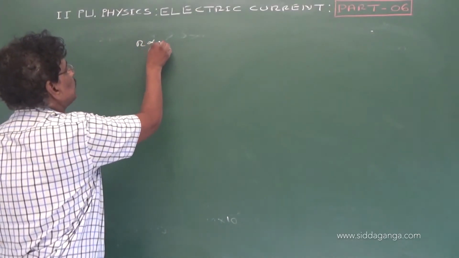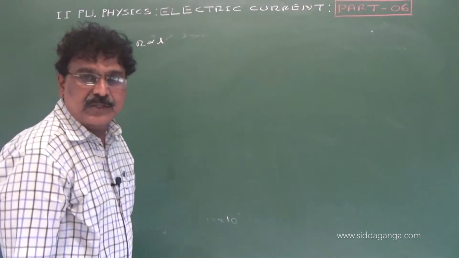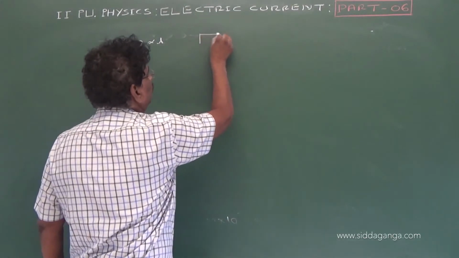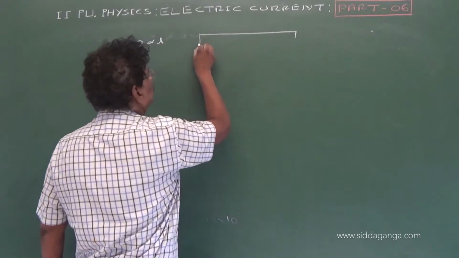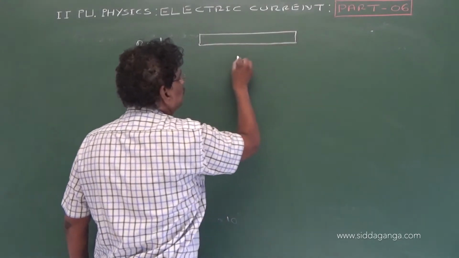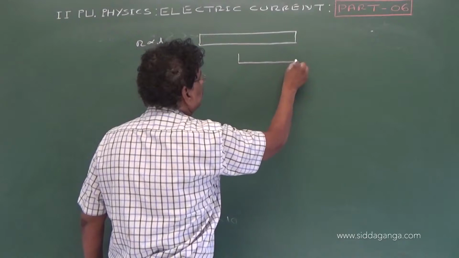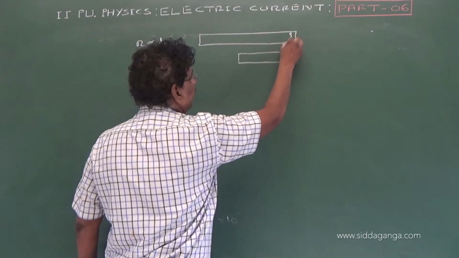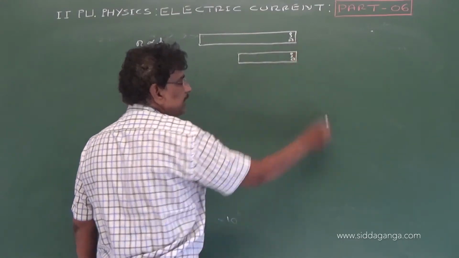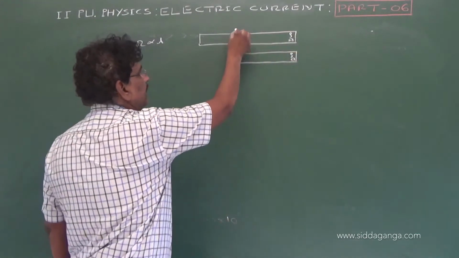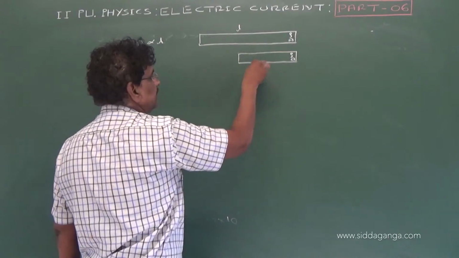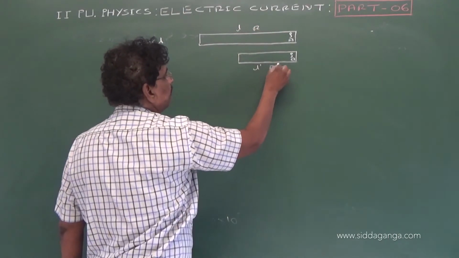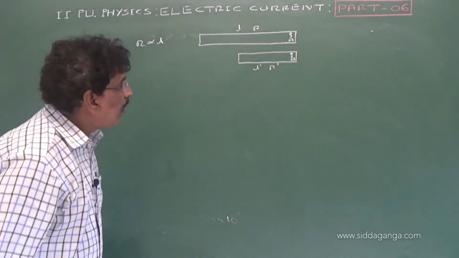R is directly proportional to L. So, if we have two conductors of the same area but different length, here this is L, this is L dash. This offers resistance R, this offers resistance R dash.